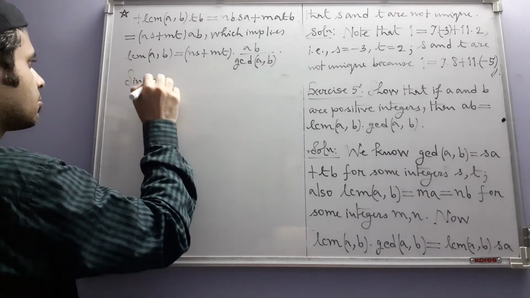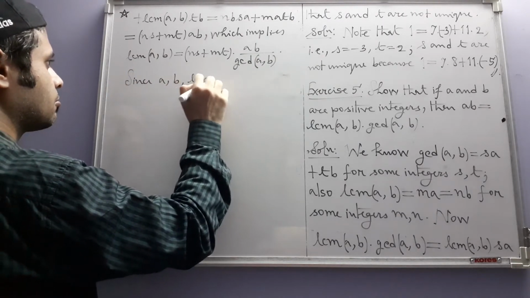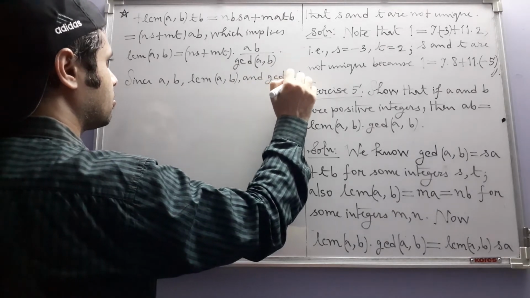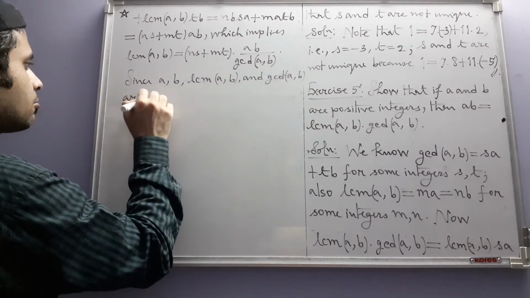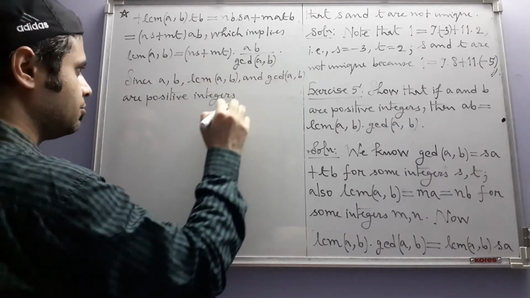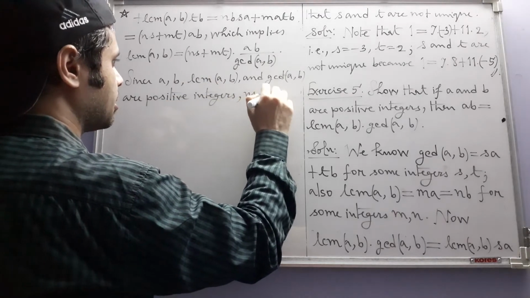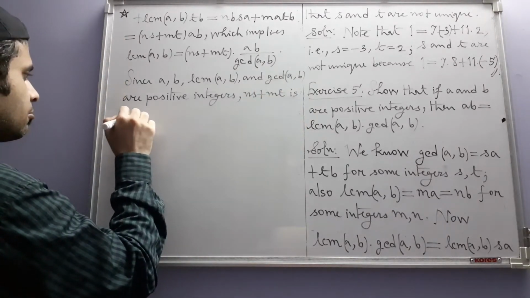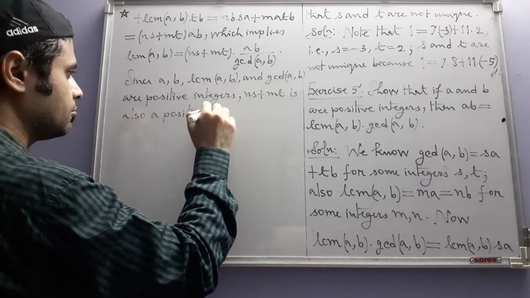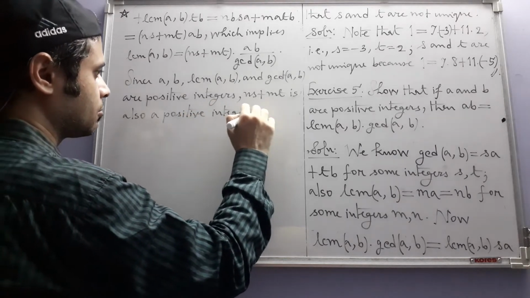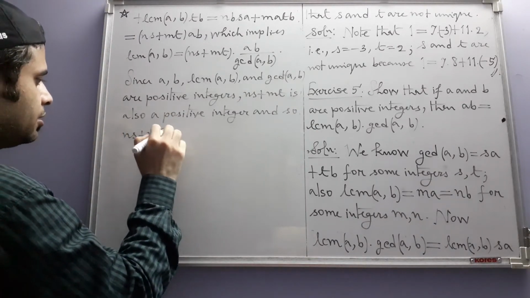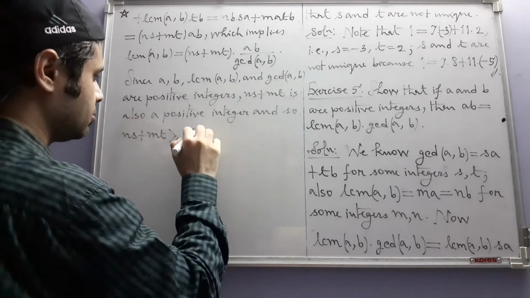Since a, b, LCM of a and b are positive integers, ns plus mt is also a positive integer, and so ns plus mt is greater than or equal to 1.